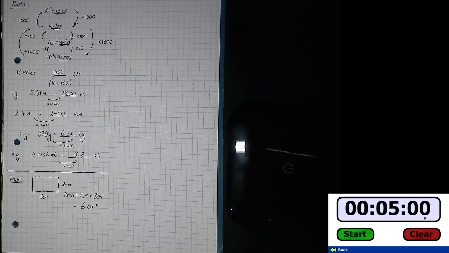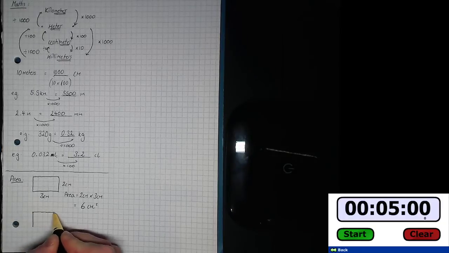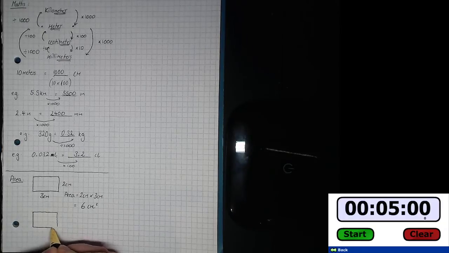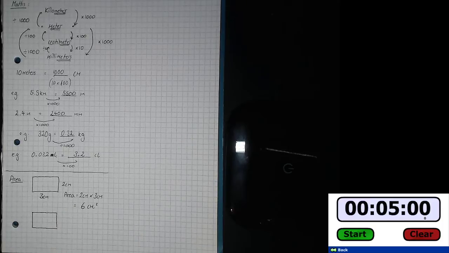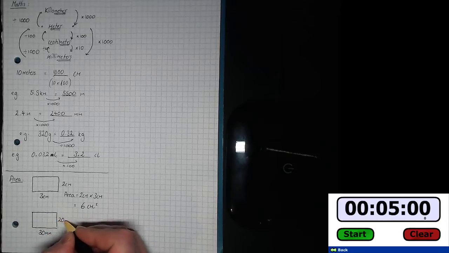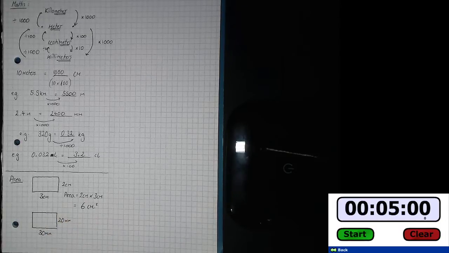Now, when we're looking to change our units for this, we could draw exactly the same rectangle, but this time have the units be different. We could have it as 30 millimeters and 20 millimeters.